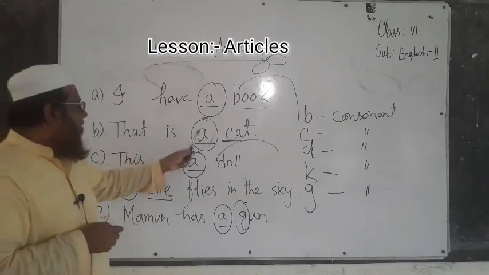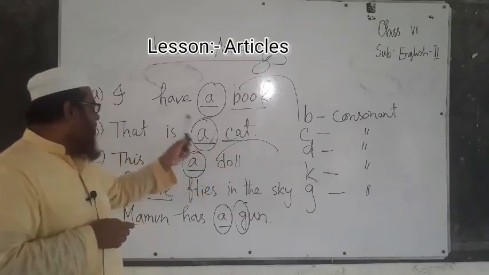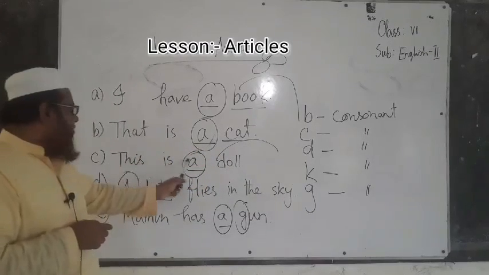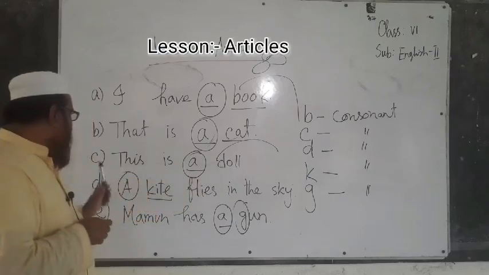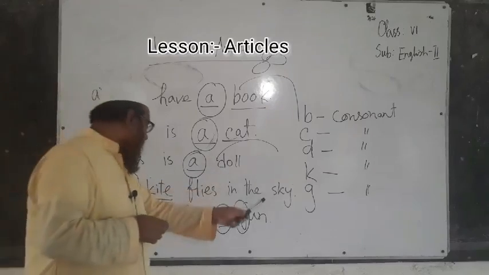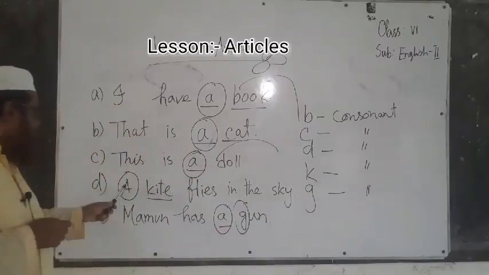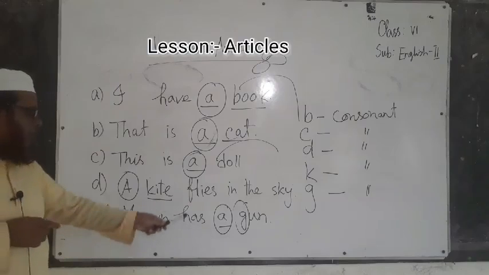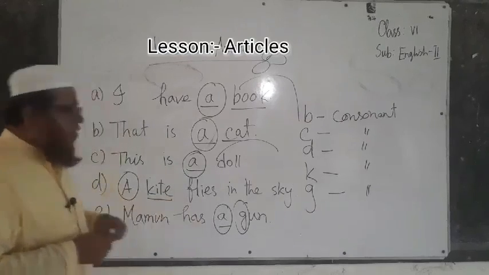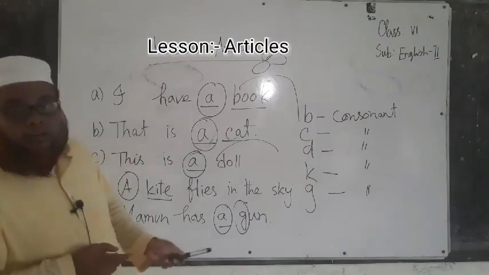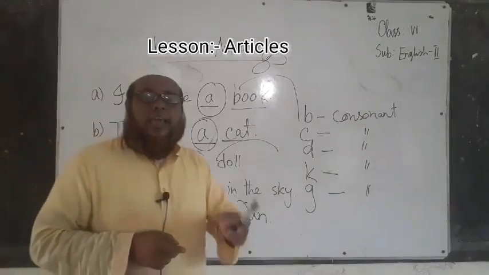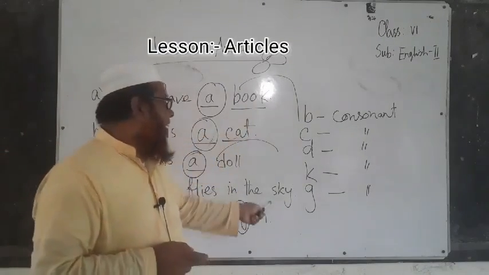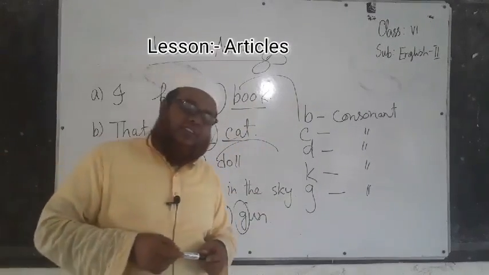That is a cat. Here we use a. This is a dog. Here we use a. A kite flies in the sky. Here we use a. Mamun has a gun. Here we use a, because all the words start with consonants.